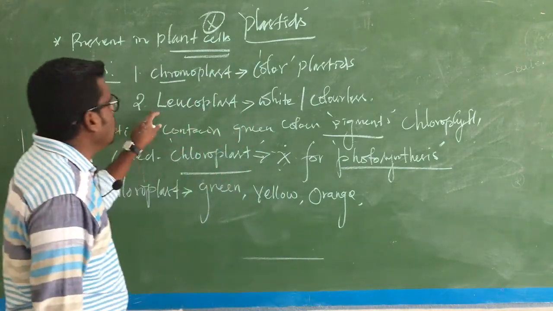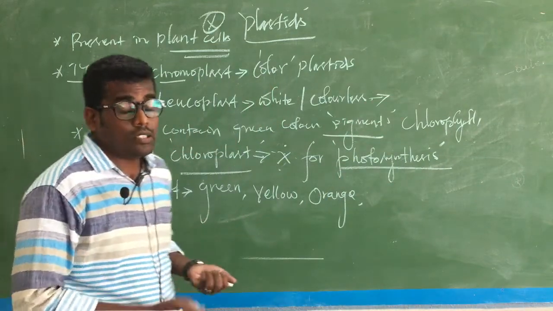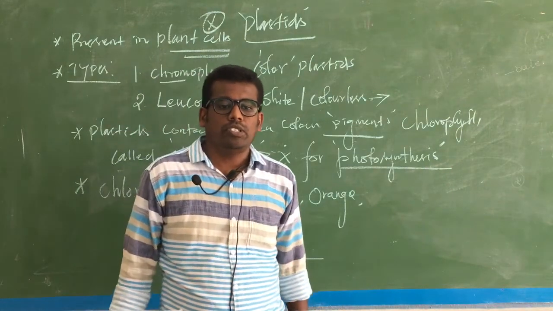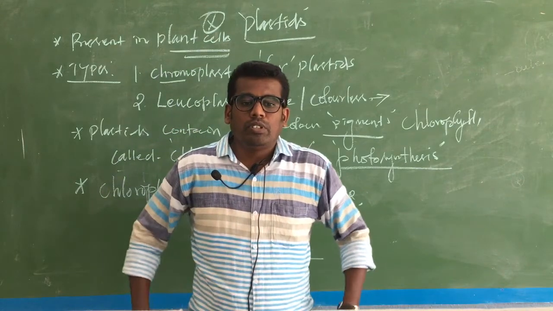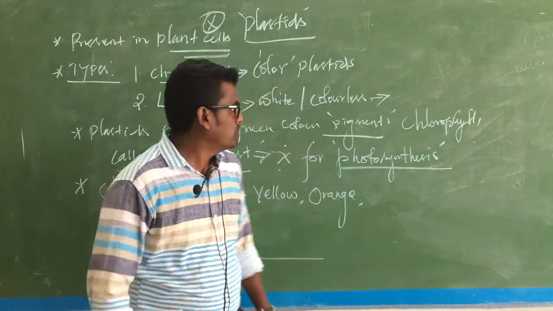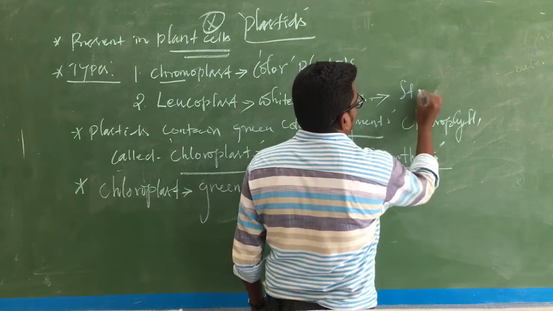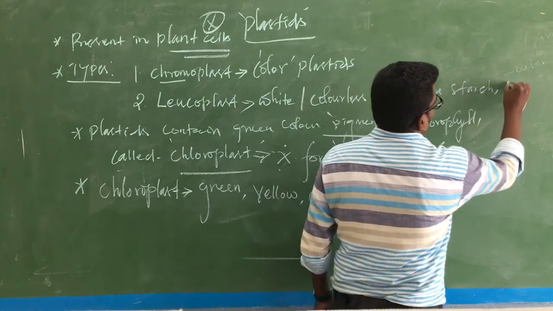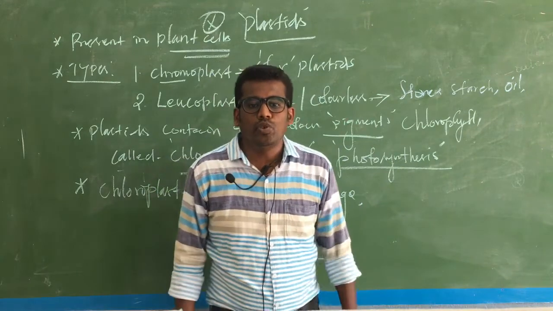Now leucoplast. We discussed that leucoplast is a white or colorless plastid. Sometimes it stores starch, oil, and protein granules.